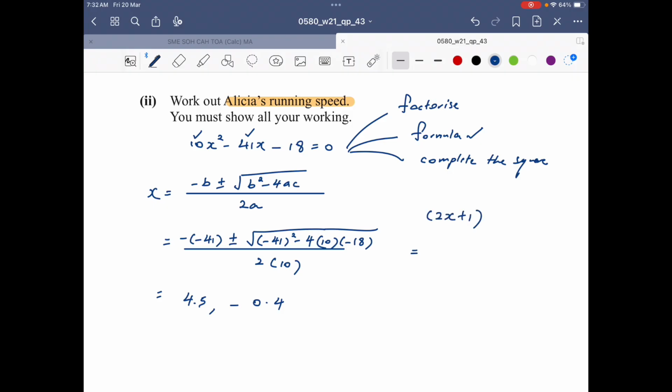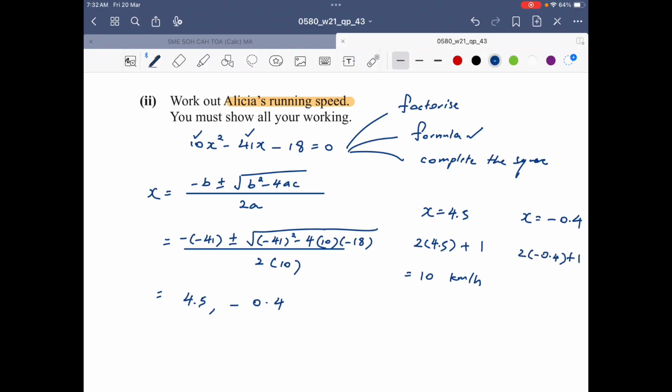Alright. So when x equals 4.5, we will have 2x plus 1, that's the speed. So we're going to put 4.5 here. It will be 10 km per hour. What happens when the value of x is negative 0.4?